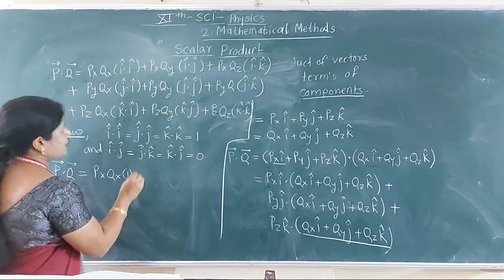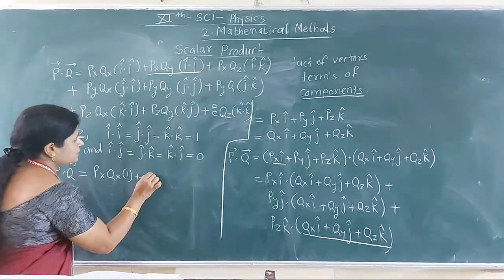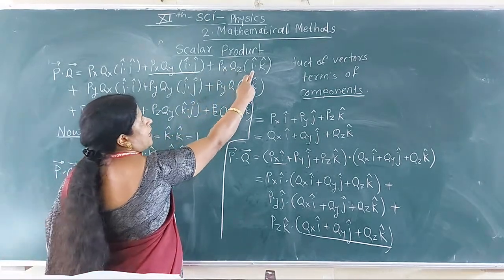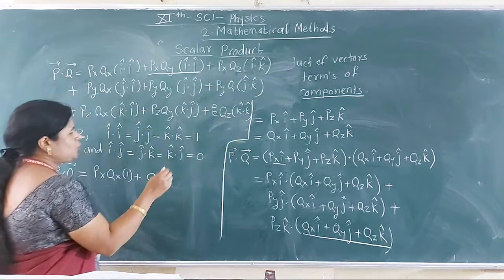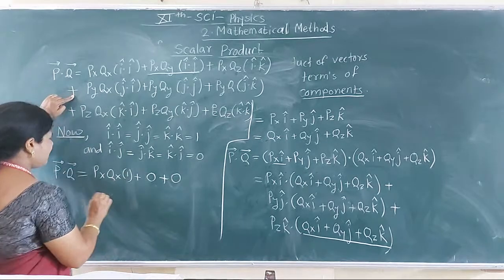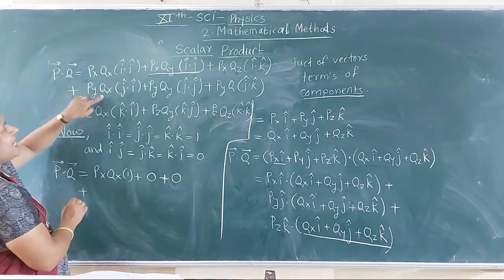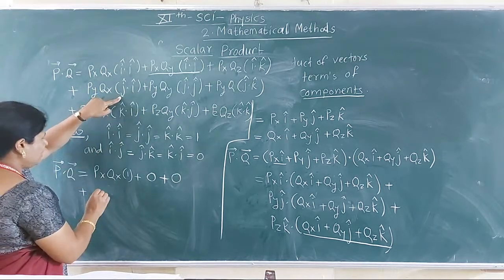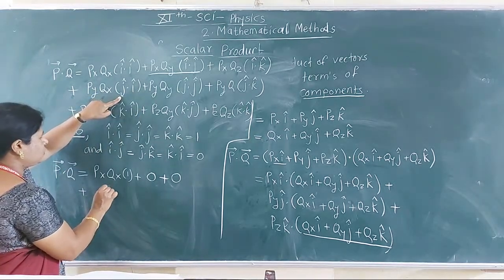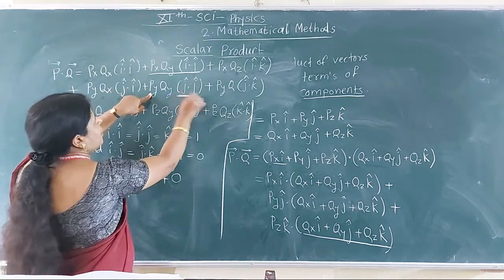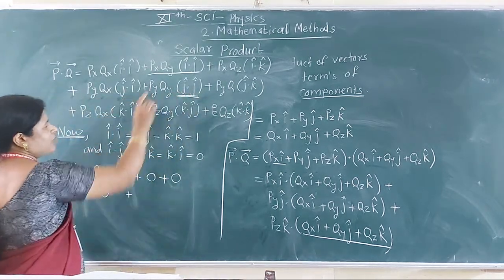That means the second term is 0, plus px qz i cap dot k cap, again 0. So the third term is also 0, plus py qx j cap multiplied with i cap. This term also is 0, plus j cap dot j cap, which is 1.